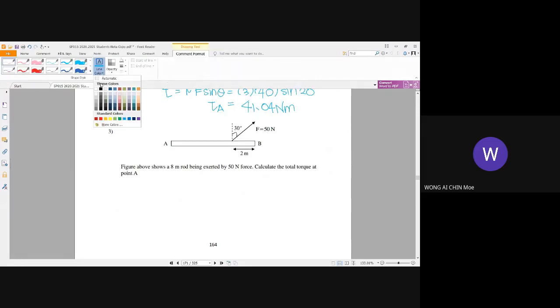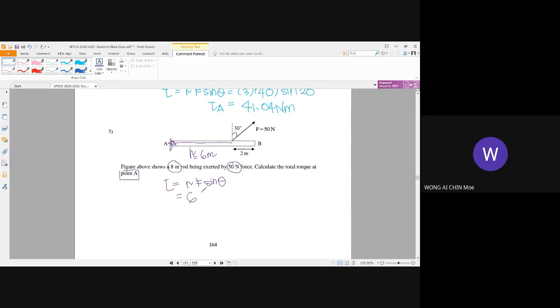Okay, next question number 3. The figure shows the 8-meter rod exerted 50 Newton force. Calculate the total torque at point A. So your point A is your reference point, meaning that everything we must refer to point A. From reference point A, go to the point where your force is acting, your R is 6 meter. So torque equals RF sine theta.